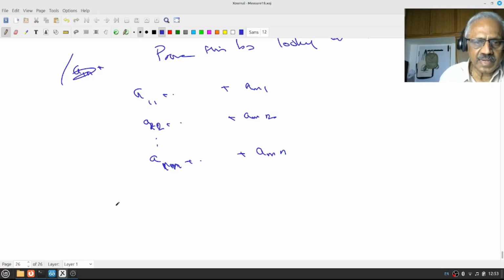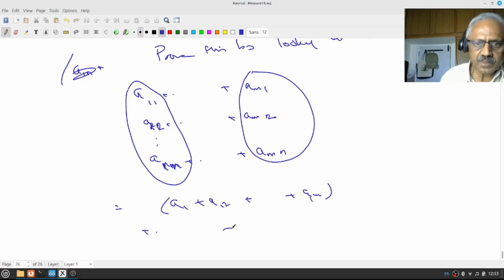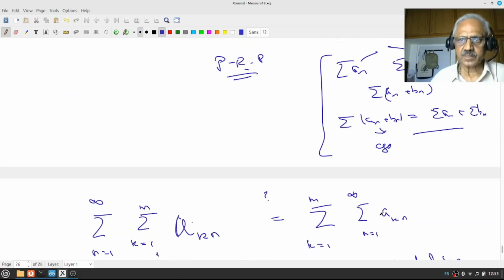But I can add these as partial sums here. This is a finite sum, right? Therefore I can add this way: a11, a12 plus a1m, plus am1 plus amn. Okay, that's the partial sum of this series.